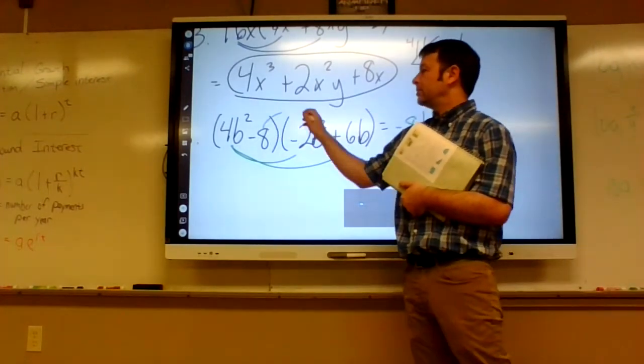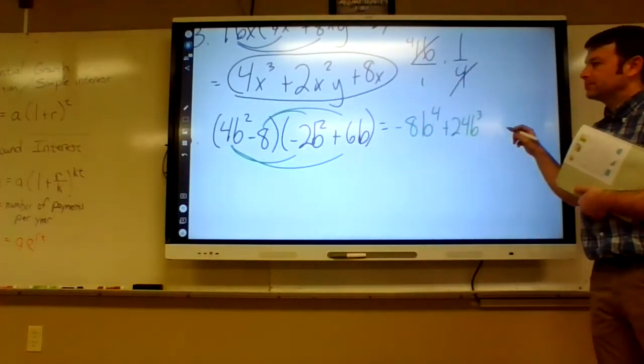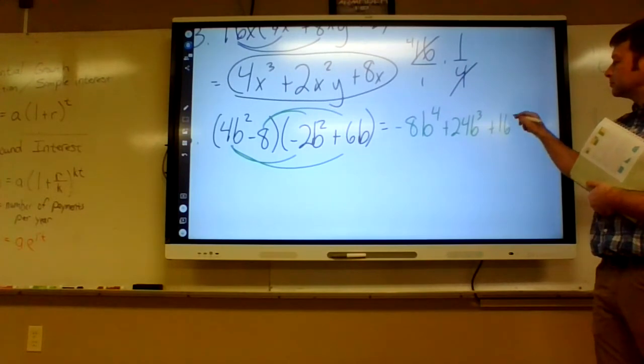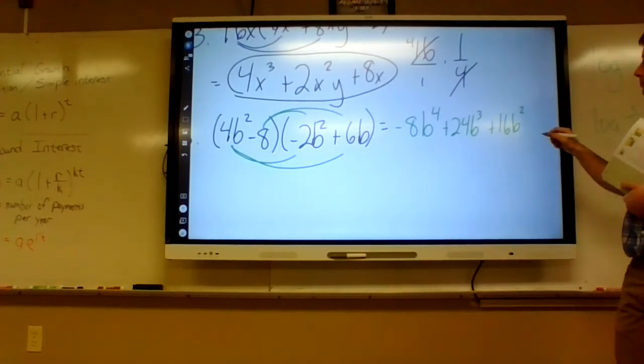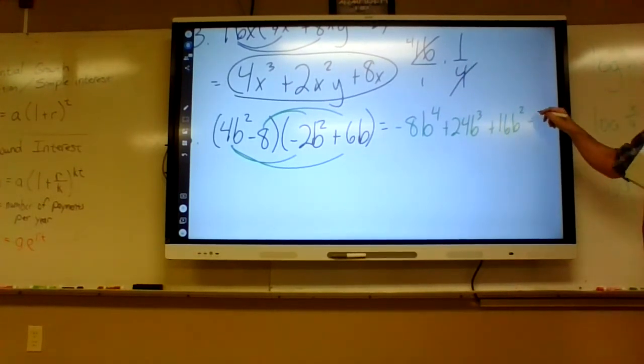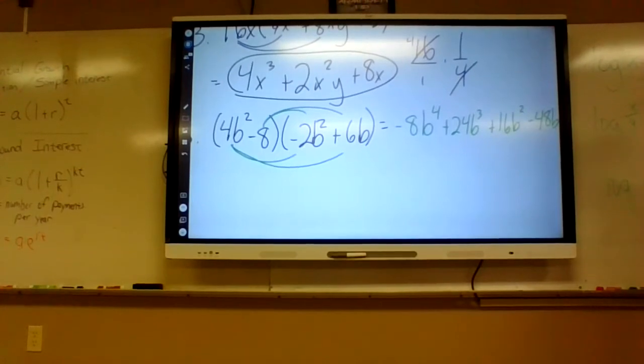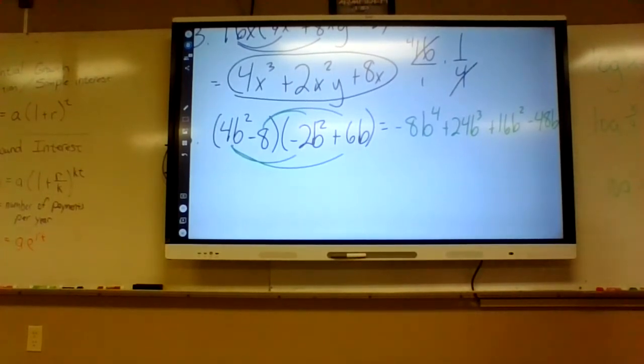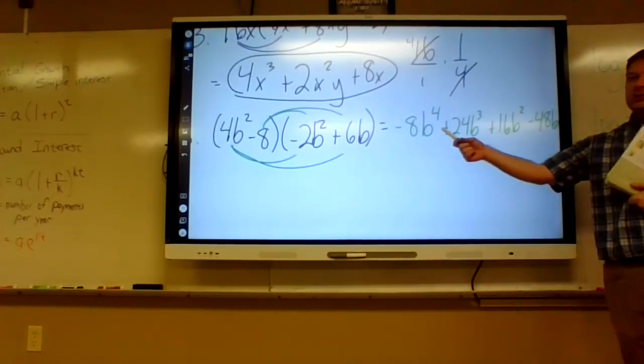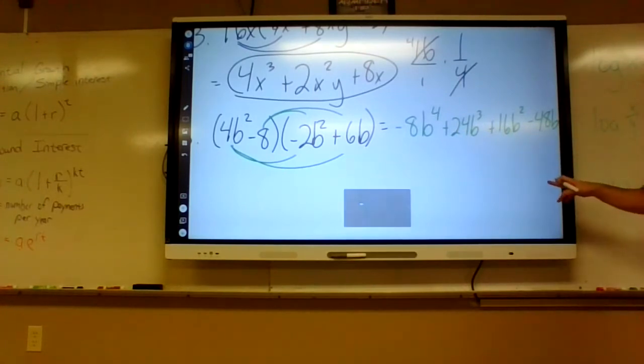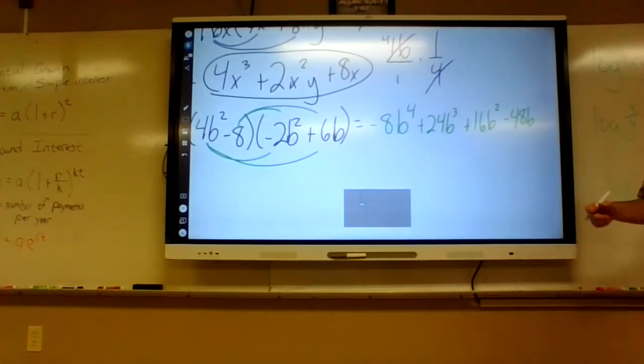Okay, so what do we get? We get 16b squared and 48b. Okay, anything else? Usually on these problems we have the like terms in the middle, right? This one's different. They're all not like terms, so we're done.